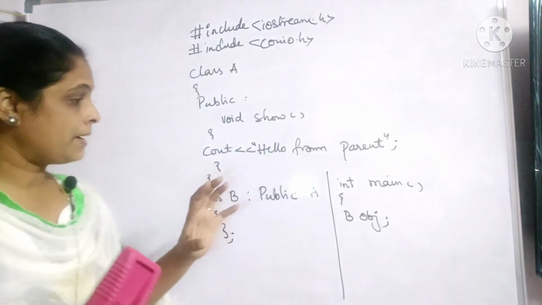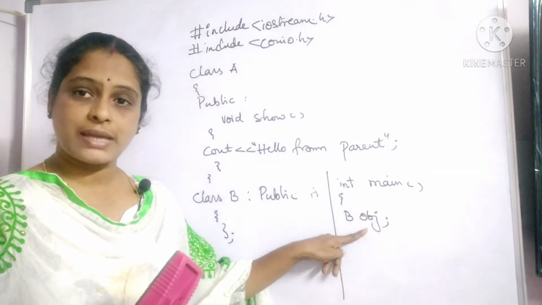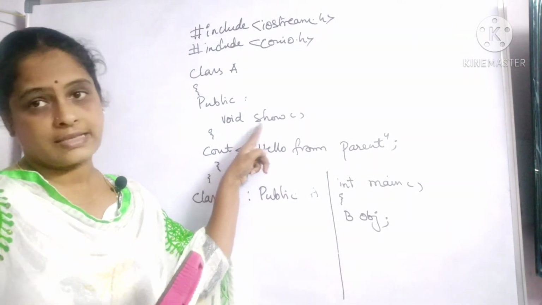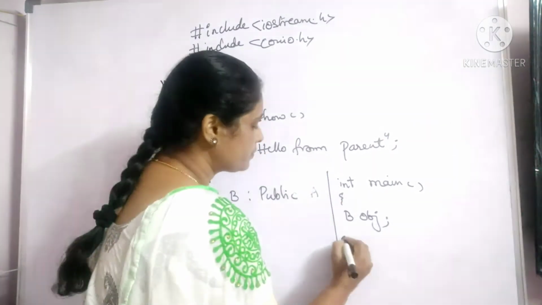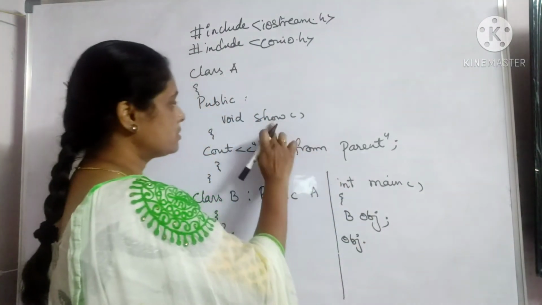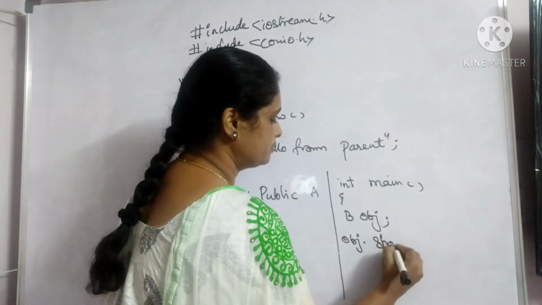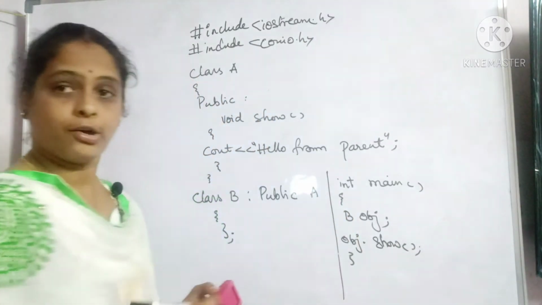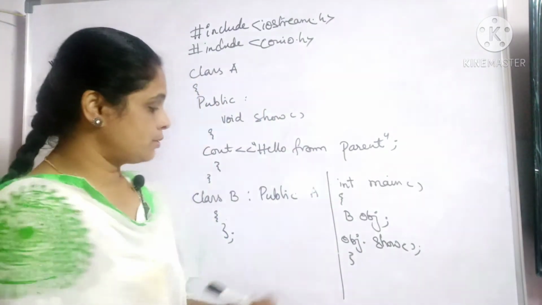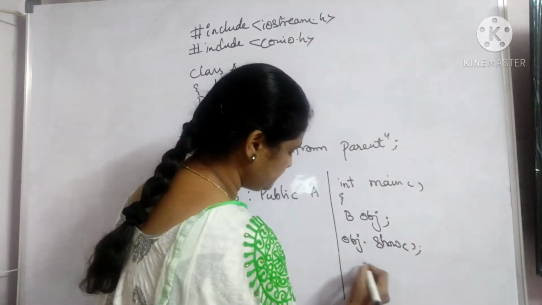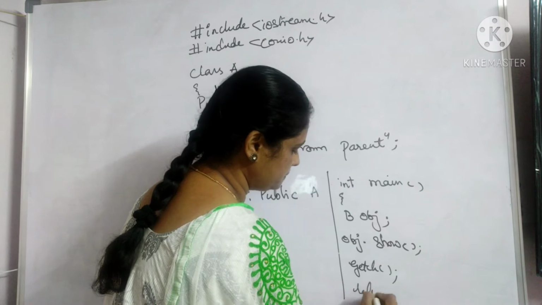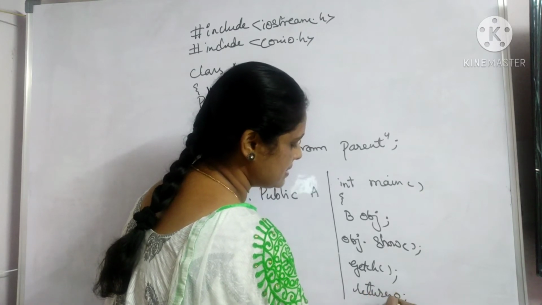By using the child class object, I'm trying to access the parent class method: obj.show(). Then getch() and return 0.